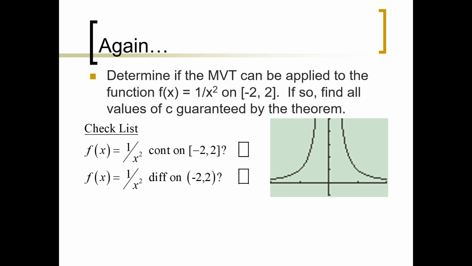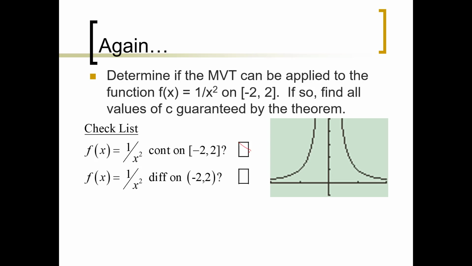Again, let's determine if the mean value theorem can be applied to the function f(x) = 1 over x squared on the interval from -2 to 2. So first, if you want to know if we can use the mean value theorem, we want to know, is the function 1 over x squared continuous on the interval from -2 to 2?